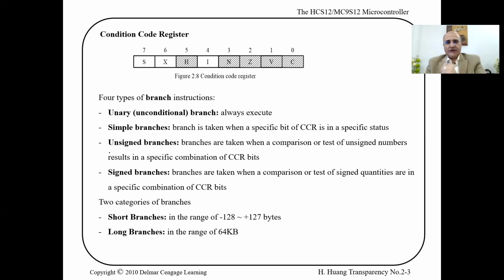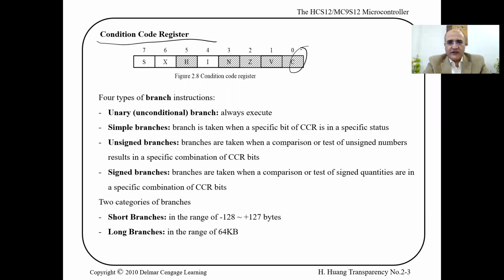To do loops, you need to be able to branch. When you do branching, you need things to compare if true or not, right? One of the things we compare are the flags in the condition code register, the CCR register. So you can use the carry flag, right?